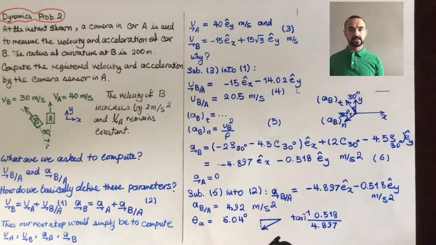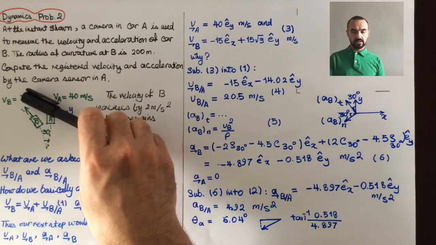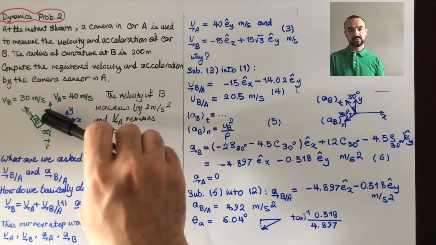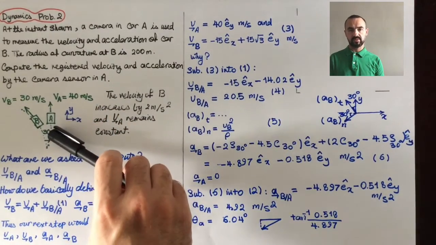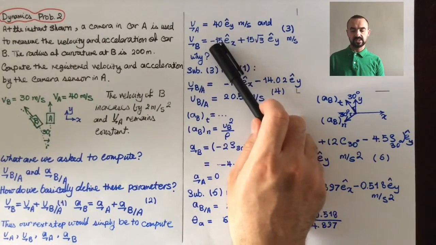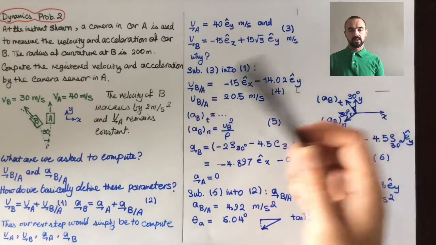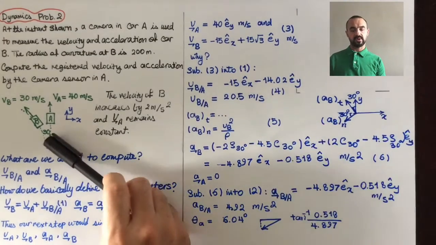So all you need to do is decompose this velocity into its two components, right? And this is 30. You could already see where this 15 comes from, because it's 30 multiplying sine 30, which is 1 over 2.